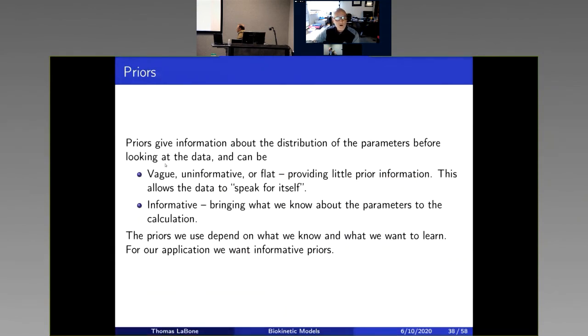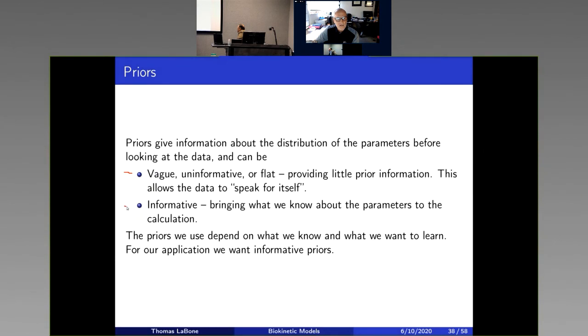So priors, we talked about priors a lot in this series of presentations, but there's two types in particular I want to talk about. The vague, uninformative, or flat priors really give very little information about the distribution of the parameter of interest. People will say this allows the data to speak for itself, and you don't put overly restrictive priors on things.